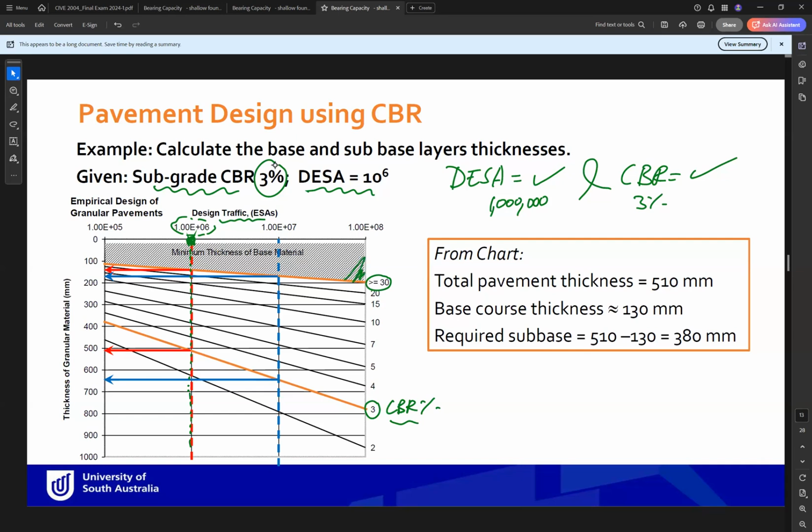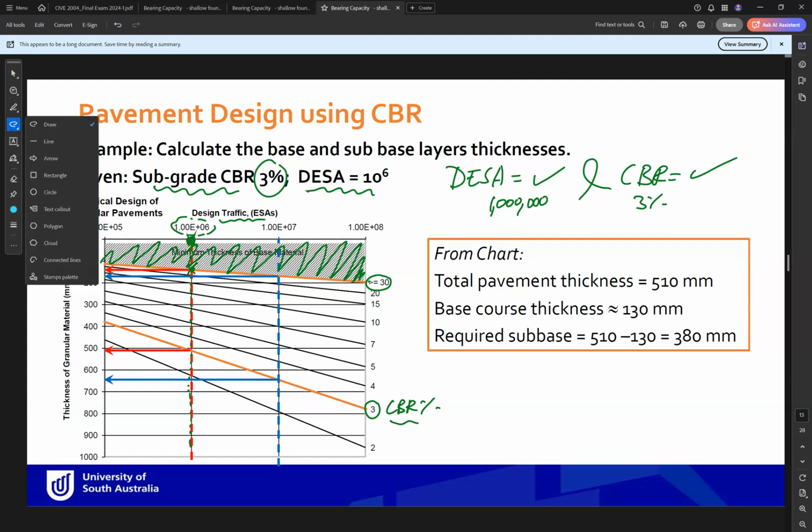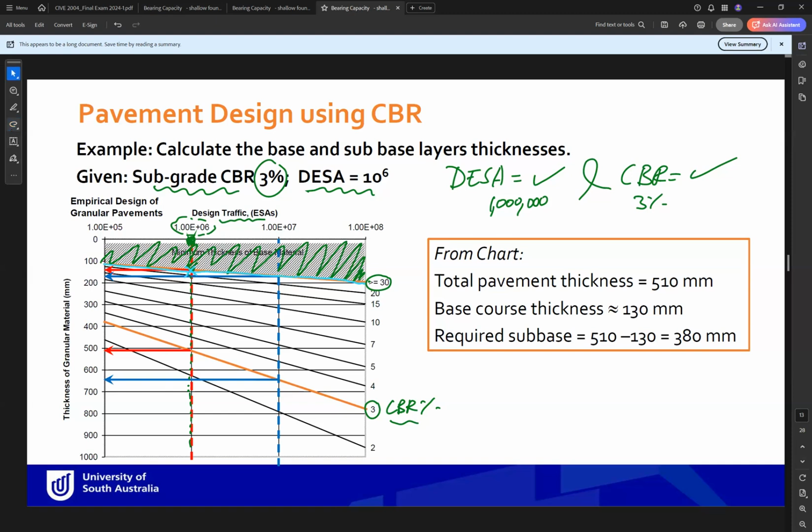You see this part is the minimum thickness, at the edge of this one here. So we have two intersections with these two lines. At the minimum thickness, we have a line, we have this curve here. So they intersect here, and also at 3%, we have this line here.